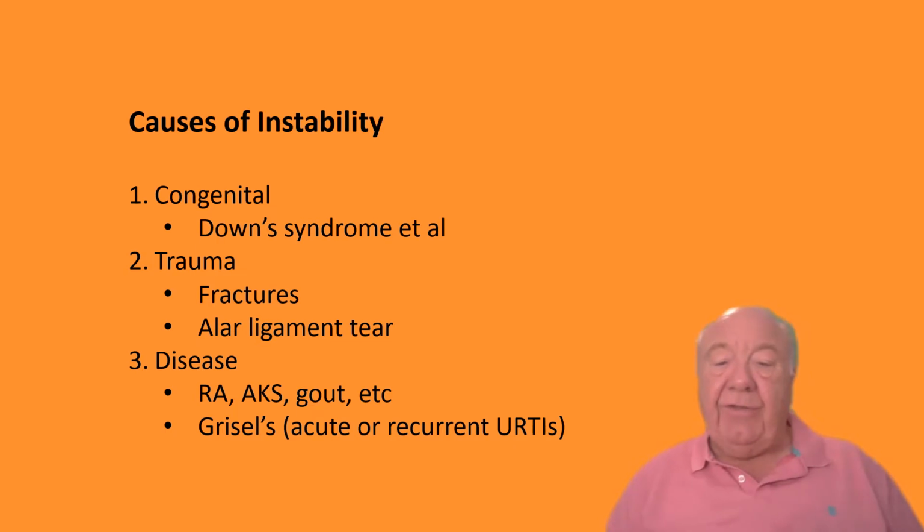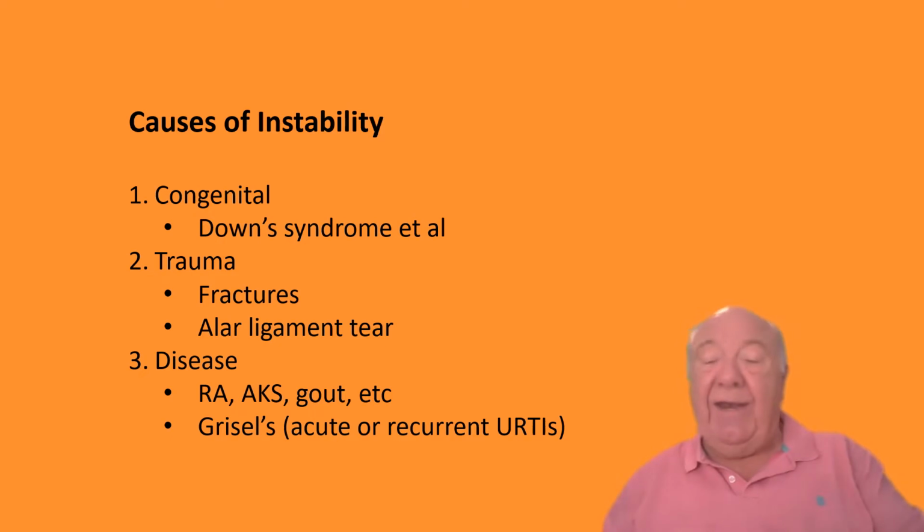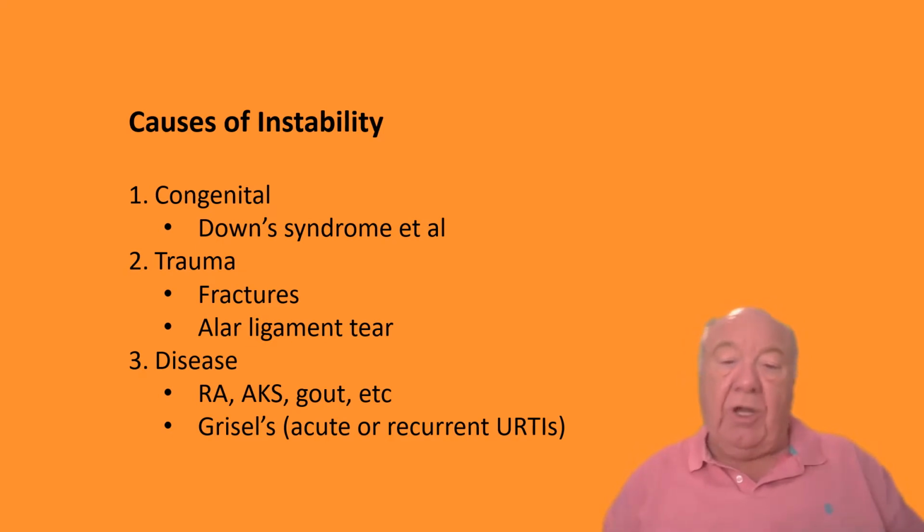And then the other disease that comes to mind is Grisel's disease, which is a weakening of the ligament and/or degeneration of the joints between the dens, the anterior articular surface of the atlas and the articular surface of the transverse ligament. So these become thinner, the ligament gets a bit more pliable, and so you get these instabilities set up.